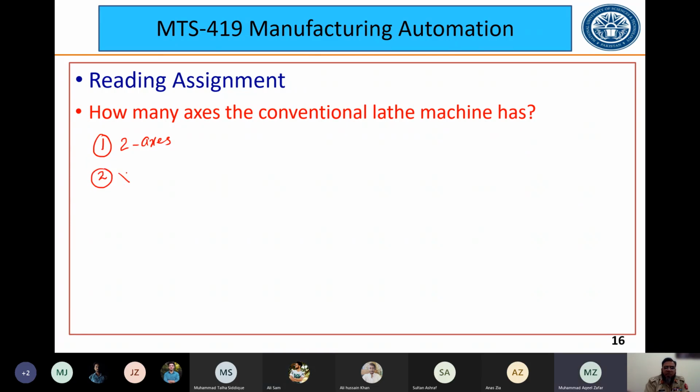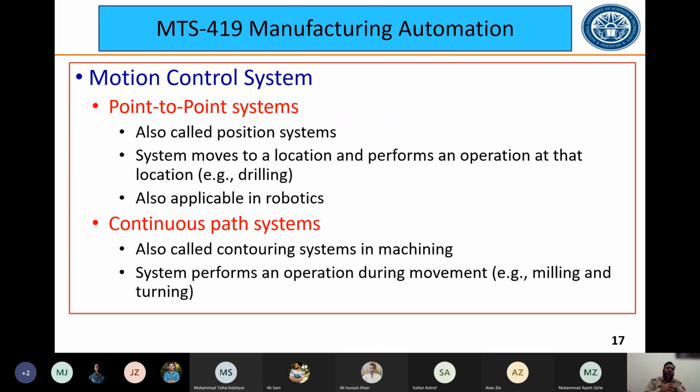X and Z. Radial and... yes, absolutely right. X and Z axes. So the Y axis is not required for a conventional lathe machine. Okay, we have already talked about this, so the reading assignment goes here with the answer. Now let us move forward and talk about the motion control system.